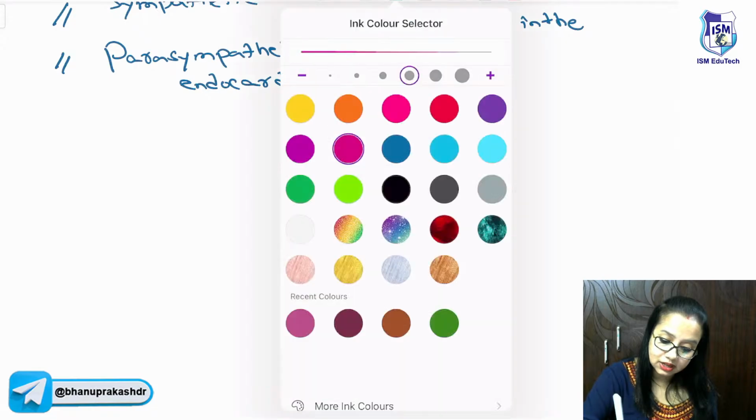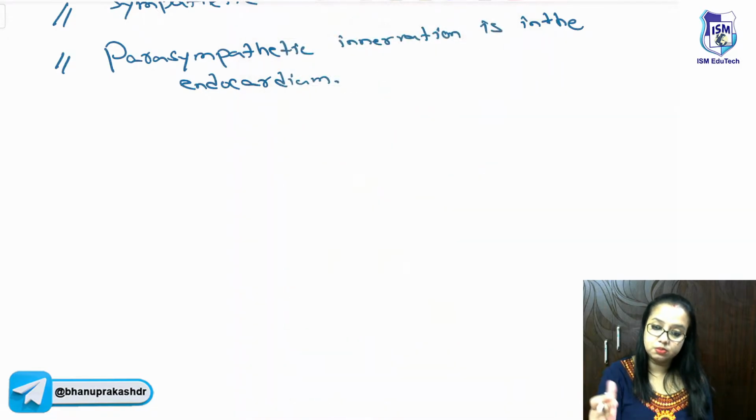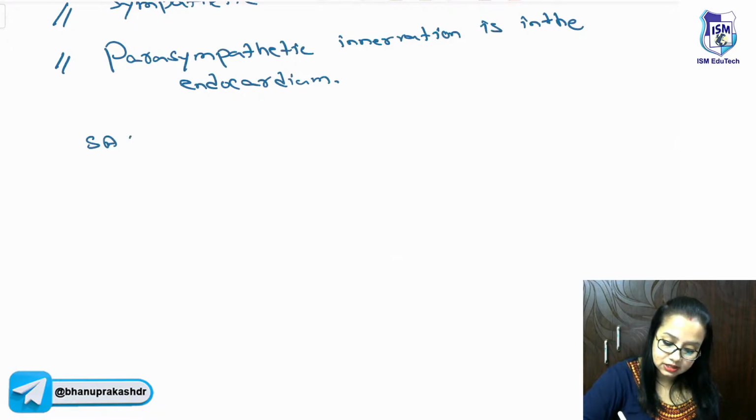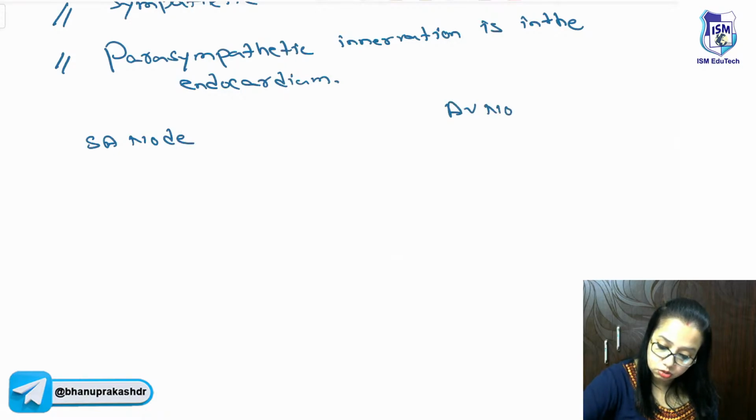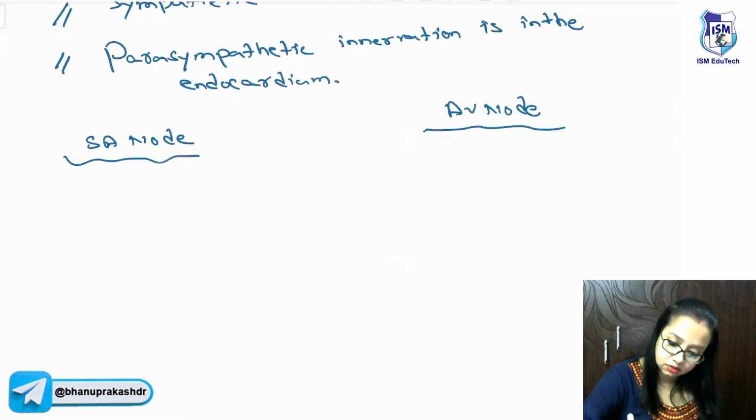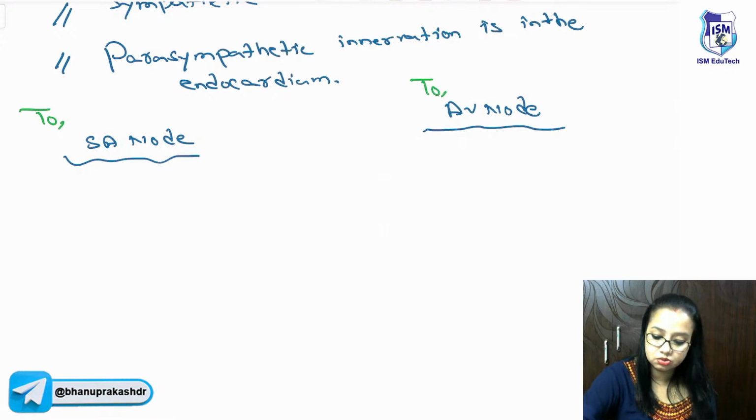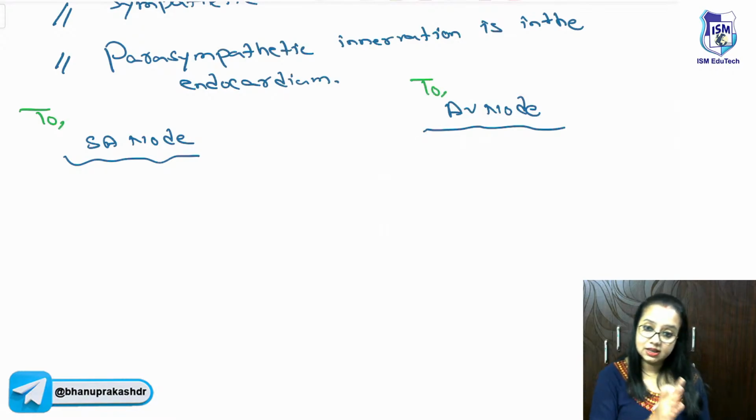Now, coming to the SA node and the AV node. We know that the SA node is more onto the right side, right? The SA node develops from the right side of the embryo when it is differentiating.